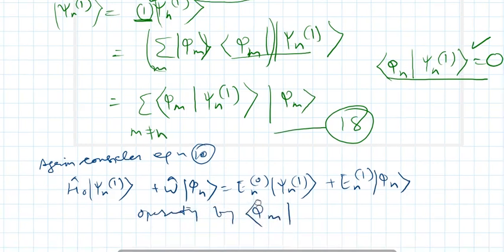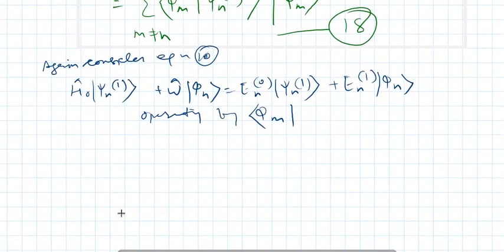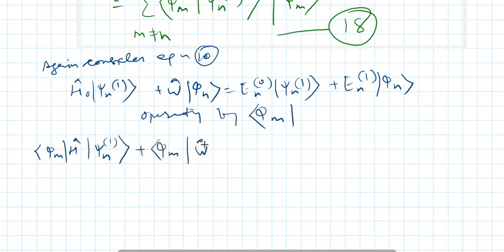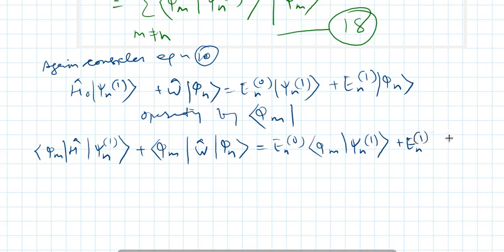So if I operate this with this, then it will become phi m H naught psi n1 plus phi m W phi n is equal to En0 phi m psi n1 plus En1 phi m phi n.